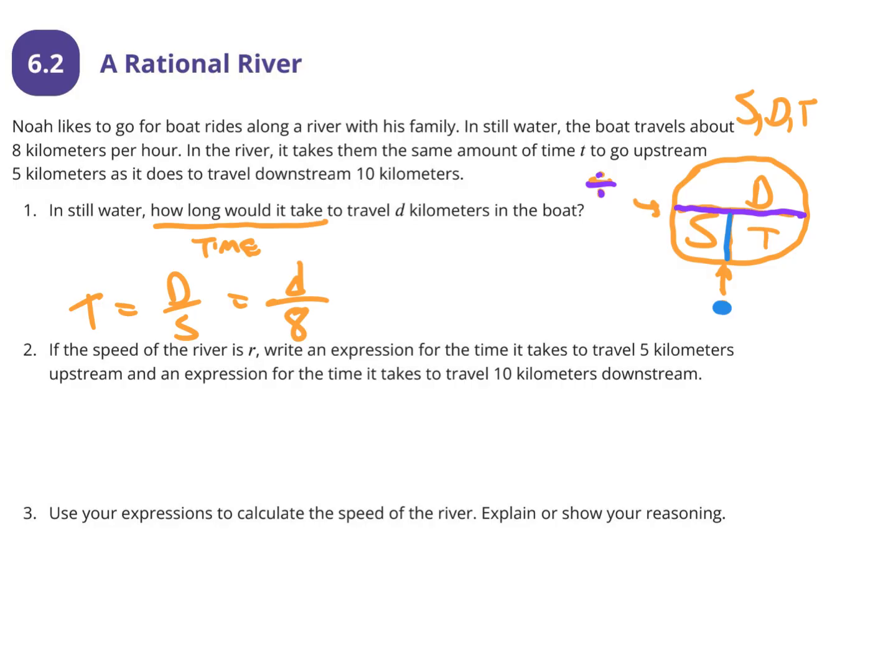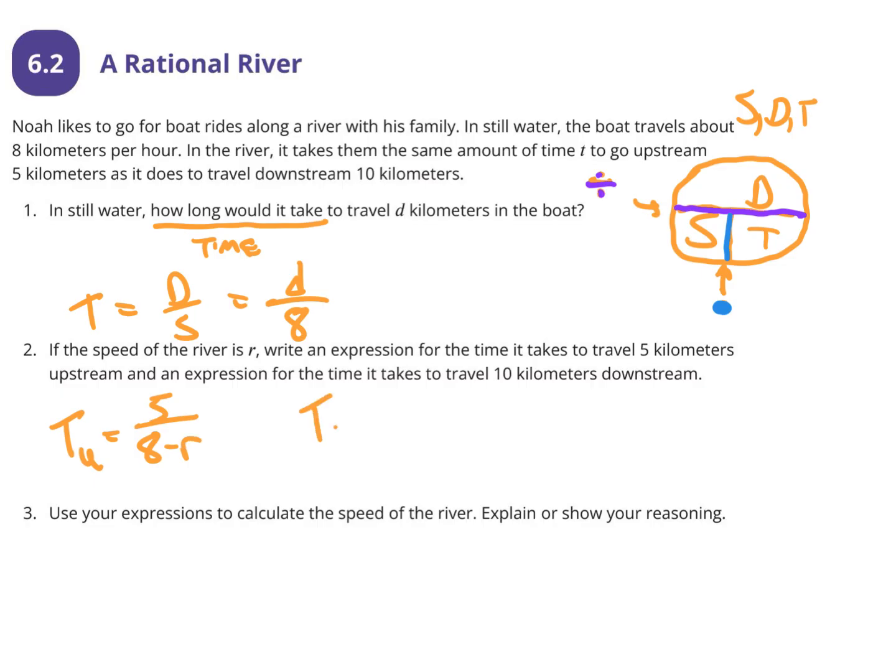If the speed of the river is r, write an expression for the time. So we need to write an expression. Going upstream is against the current. So time going upstream is distance 5 over 8 minus the current of the river.